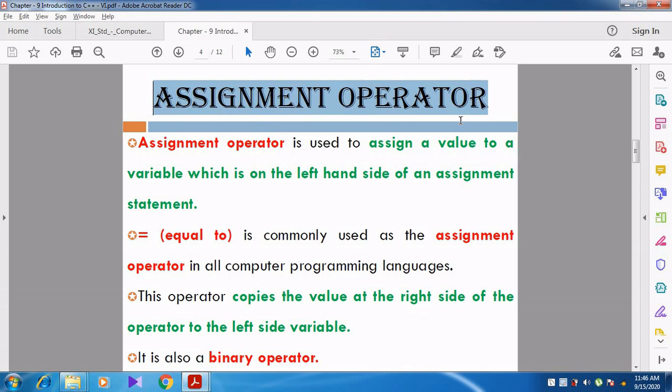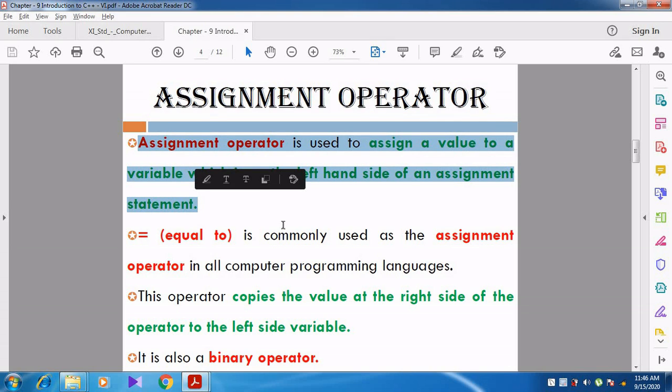What is meant by assignment operator? See, the assignment operator is used to assign a value to a variable which is on the left hand side of the assignment statement. So the value is going to be assigned to the variable. Where is the value located?